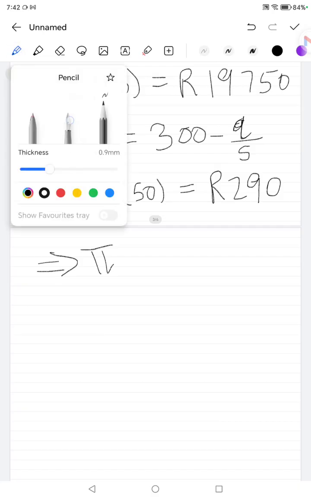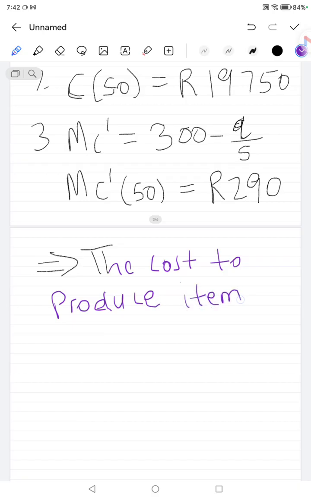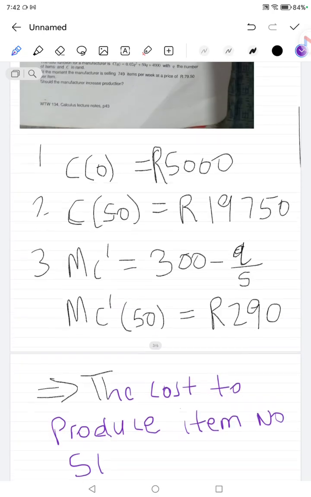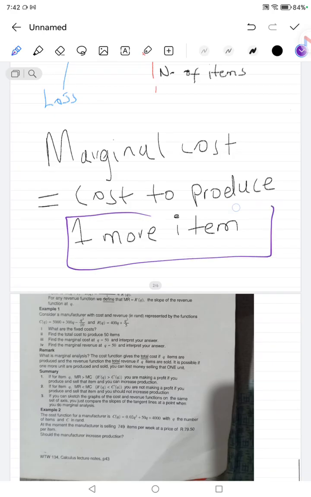So you will go and conclude that the cost to produce item number 51. Remember, from the marginal cost definition, we said it's the cost to produce one more item.